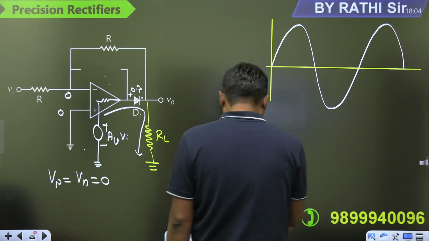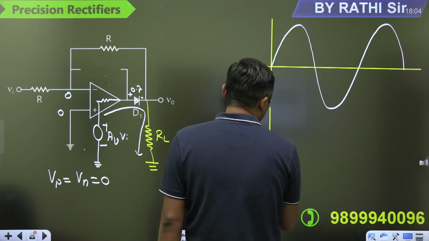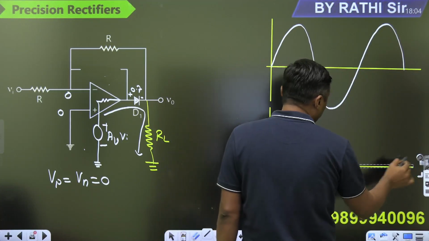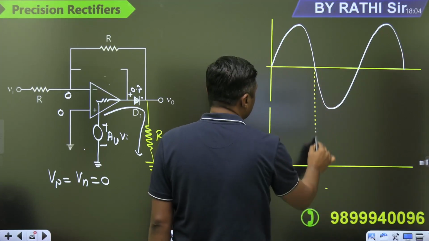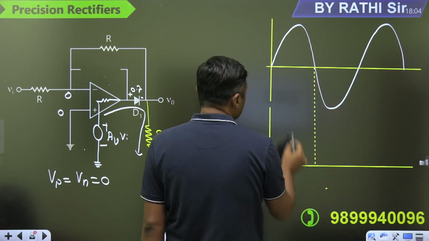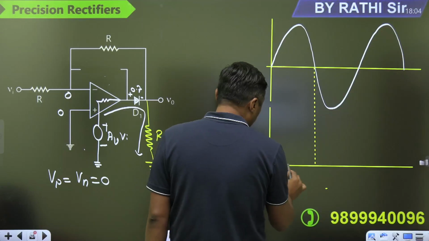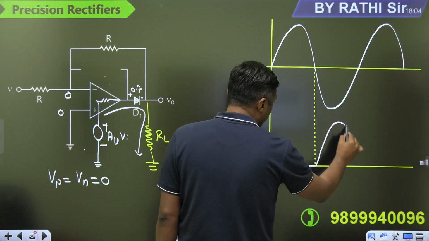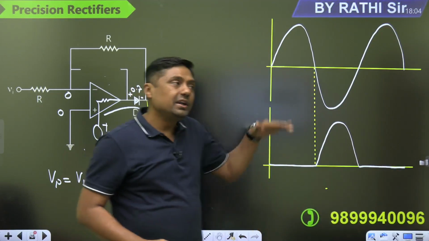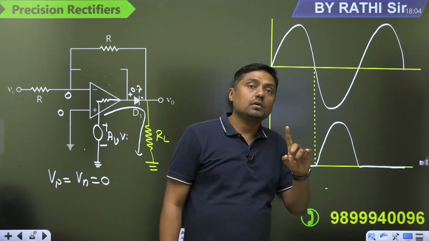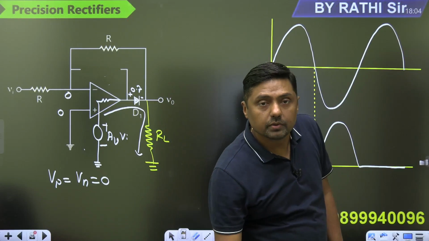One is the positive half, one is the negative half. For the positive half we are getting the output 0. And for the negative half we are getting the output minus Vi. And so on. So guys, it will pass only one half. It will pass only one half.